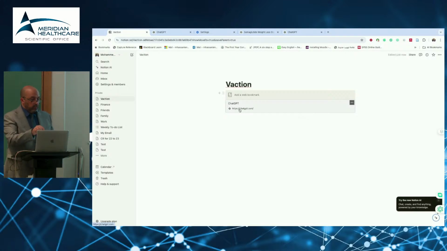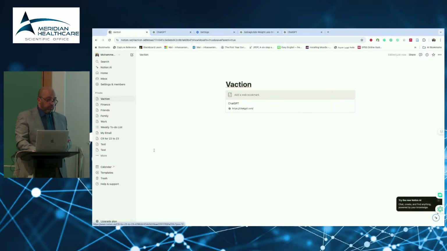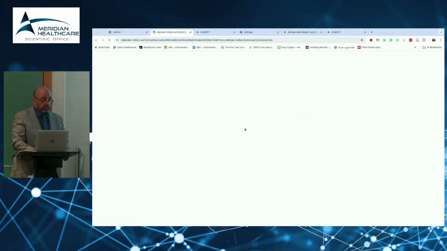ChatGPT email is not working. I tried to put my email in one of the pages, but it was rejected. But other websites you can also include here, and this will also be on your mobile. So everything related to you will be all in one page or all in one website. Even the calendar, you can use the calendar, and this calendar will be synchronized with your other calendars.